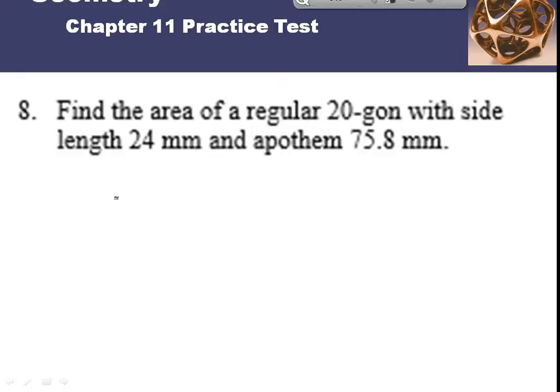Okay, so here we go. Here's a formula of a regular polygon. We have to find the area of this regular 20-gon. So let's circle the important information here. We know that this has 20 sides, each side is 24, and the apothem is 75.8. So let's write the formula again.